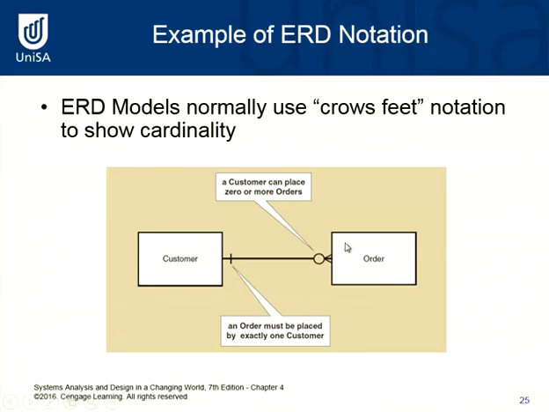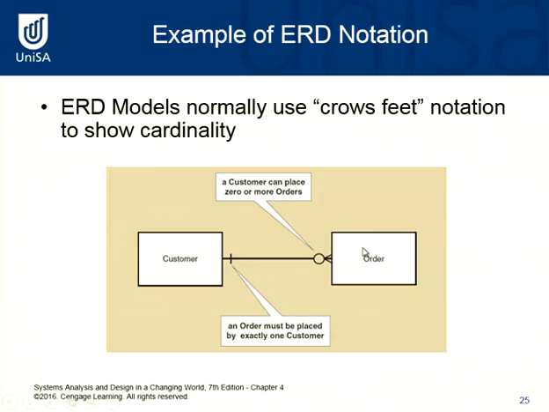an order must be placed by exactly one customer. So this represents 1. An order must be placed by exactly one customer. When we look at it the other way, we say a customer can place 0 or more orders. So it's kind of the opposite direction in terms of how you read it.